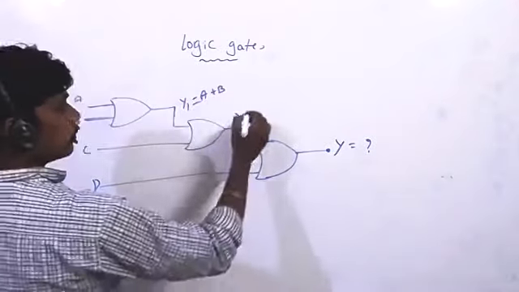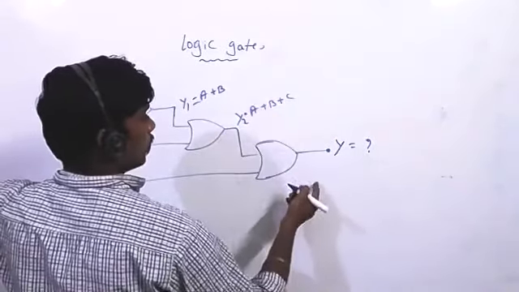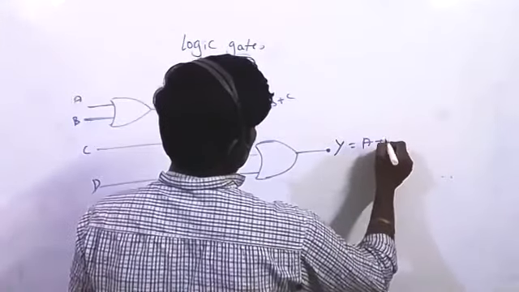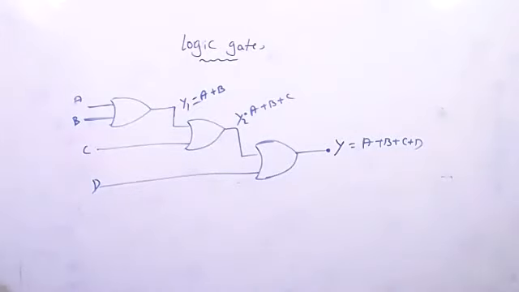A plus B plus C. Then A plus B plus C plus D. So it will be like that. Identify the gate from which the Boolean expression.